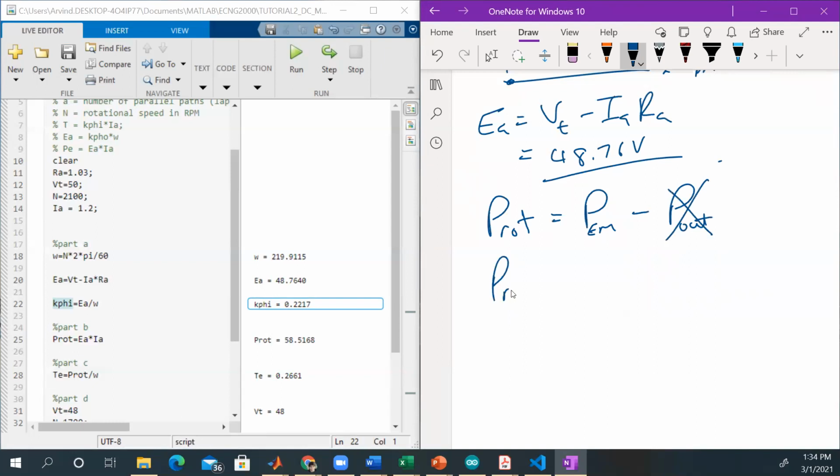So we get P rotational losses is equal to P EM, right? So the electromagnetic power, we know, is EA times IA. We have EA, we have IA, which is 1.2, so we multiply them together, and we get the rotational losses of 58.5 watts.